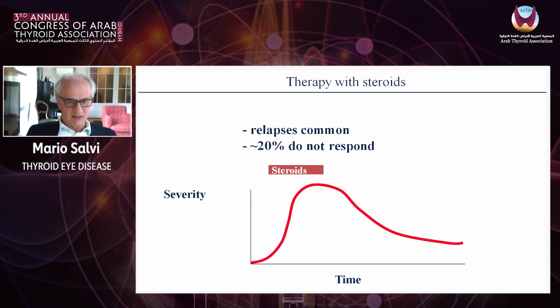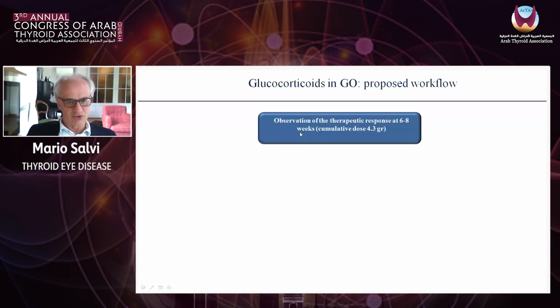We know that, when we consider this as the curve of progression of disease, in some cases the disease may go through different phases of inflammation. And based on the treatment with steroids, we know that in some cases, about 20% of patients do not respond to steroids.